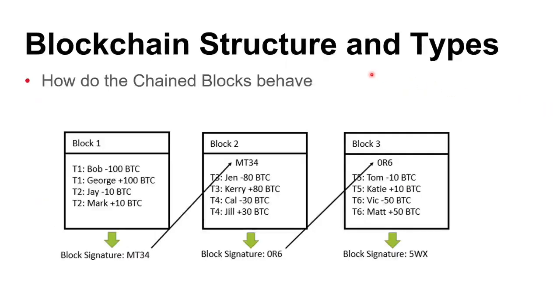Another way to look at it, and this is more of an abbreviated way, is that Bob and George had some kind of Bitcoin transaction, and Jay and Mark, the same thing. A hash or block signature was created, which happens to be the header for the next block.